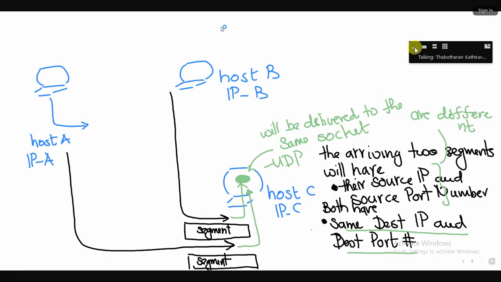Then the question arises, how does it send the reply? Of course, they both have source IP addresses and source port numbers, so they will be used to send back the reply to individual machines. That is how the UDP protocol works, and there is no unique connection. Multiple machines may be sending data to a single socket. That is the point to note here.